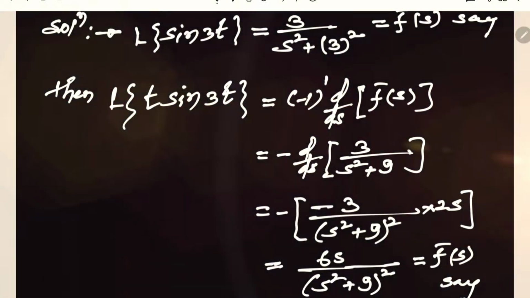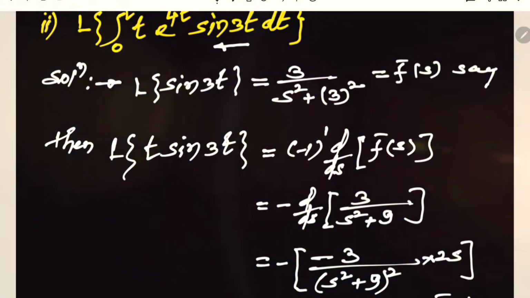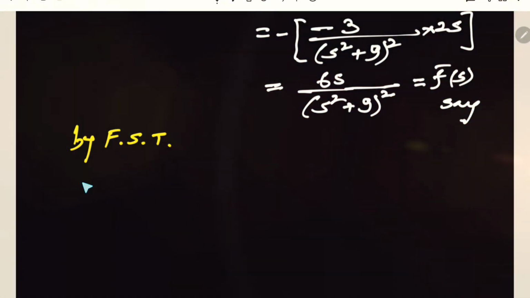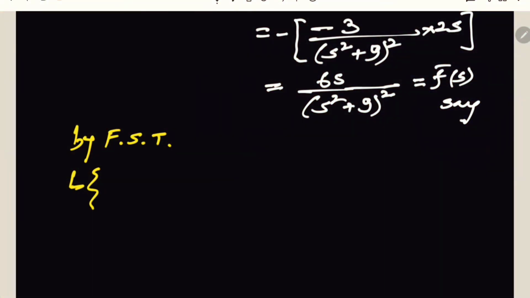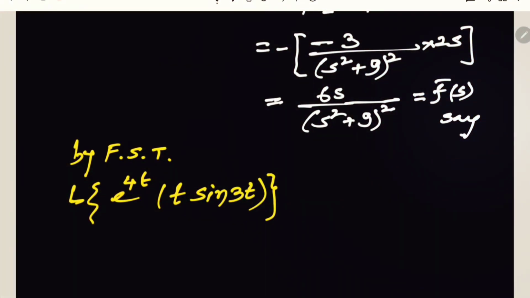Then applying first shifting theorem, as it is multiplied by e raised to 4t. By first shifting theorem, Laplace transform of e raised to 4t multiplied by the term t into sine of 3t, as it is multiplied by e raised to 4t, s is replaced by s minus 4.